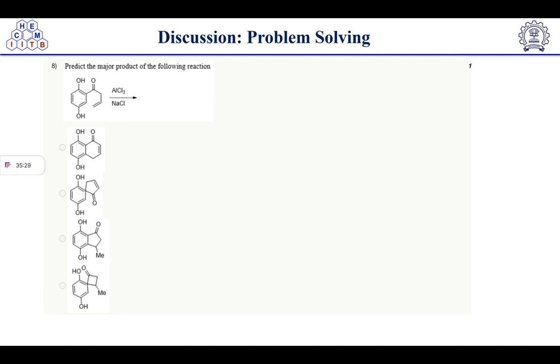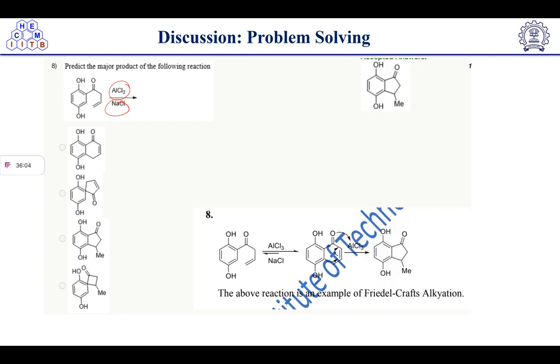Now predict the major product of the following reaction. So here we have AlCl3 and NaCl, right? Talking about the mechanism, AlCl3 is a Lewis acid and NaCl is there.